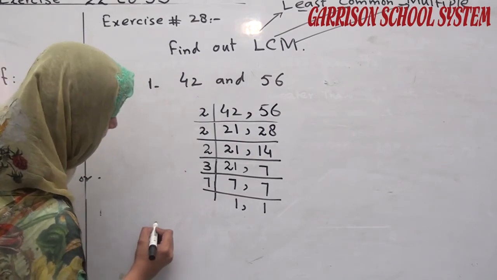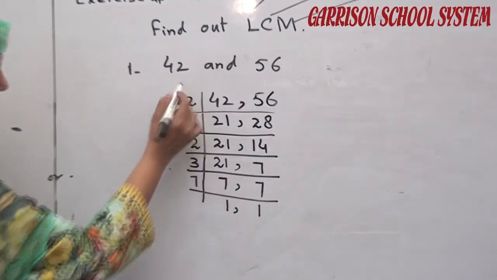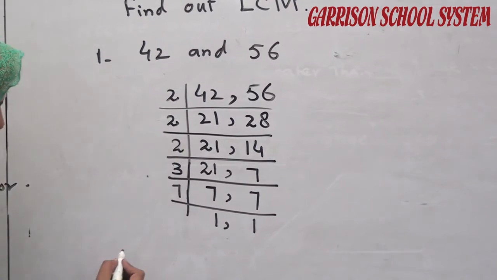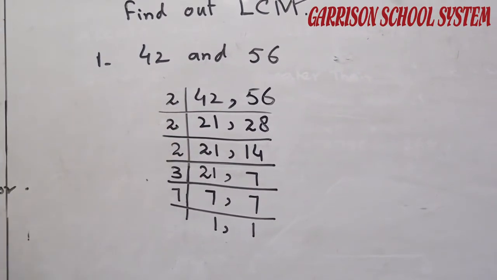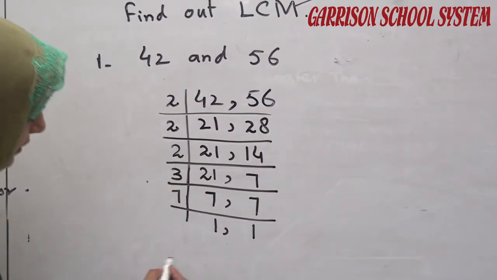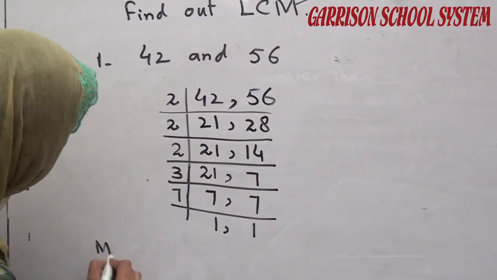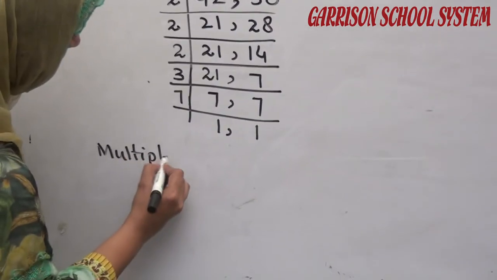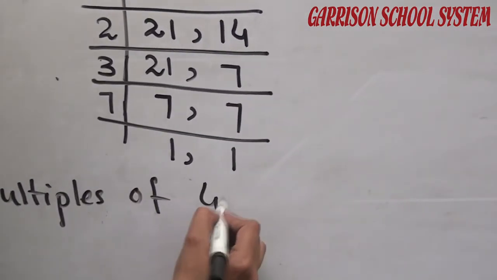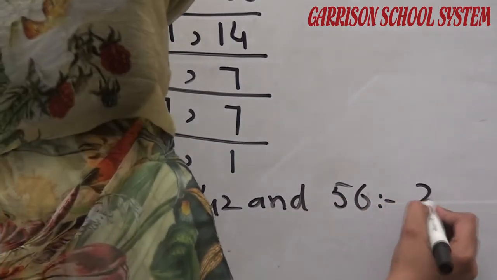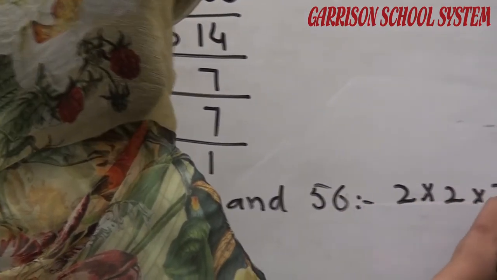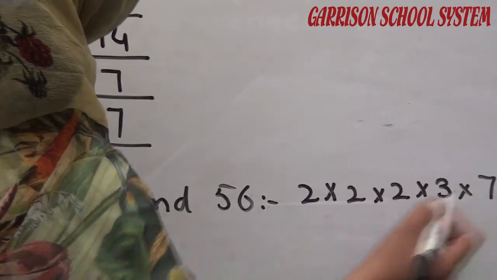So we can write here the multiples of 42 and 56: 2 multiply 2 multiply 2 multiply 3 multiply 7.